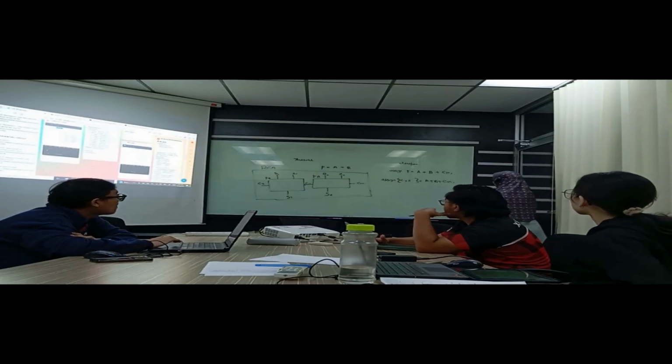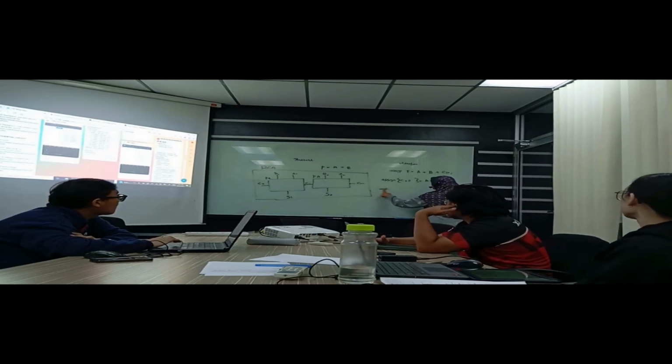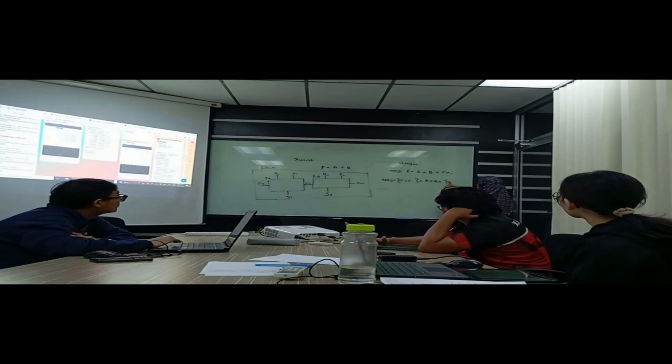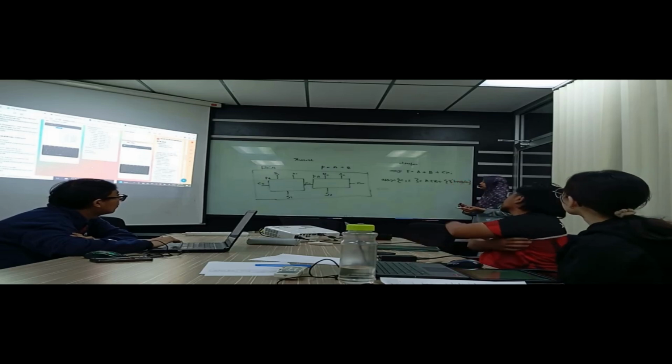Make the Cin 4 bit as well. So I can change directly from here. This is already 3 bit, so 3 bit comma Cin: 000 comma Cin. Okay, very good.